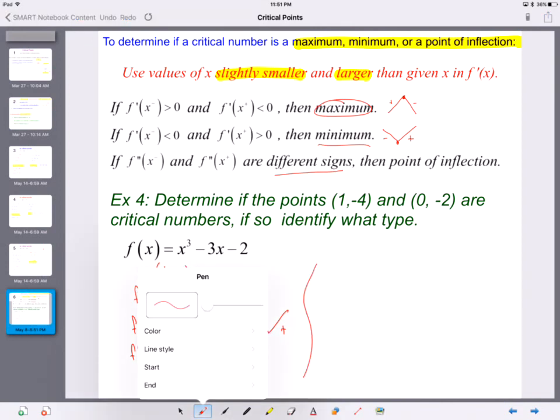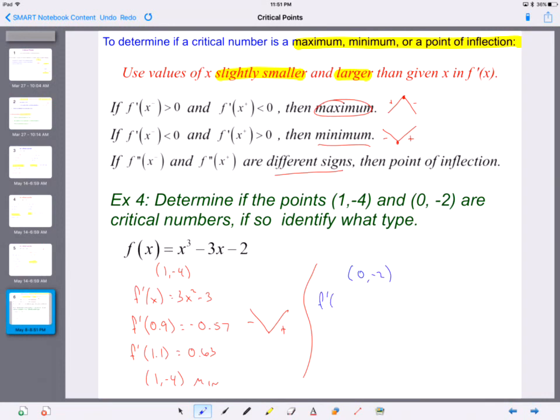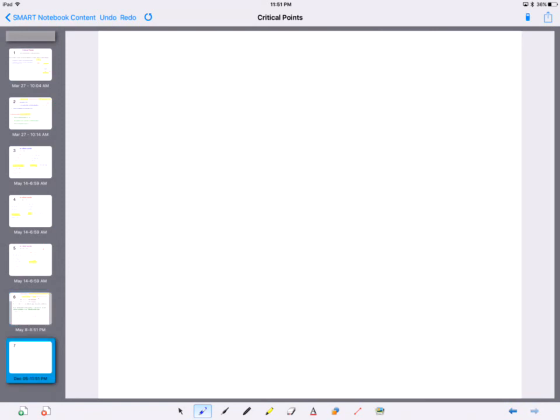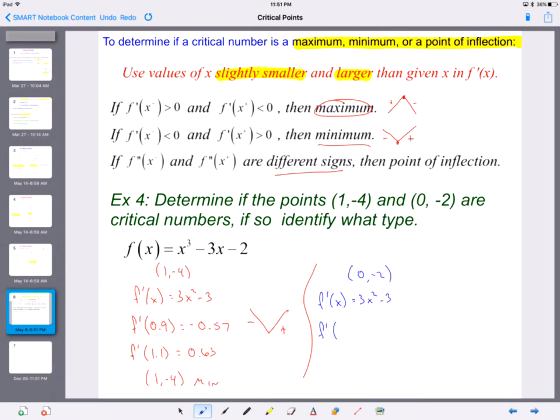Alright, so if you want to try the next one on your own, we have one more that we're going to look at, and that's going to be the point (0, -2). So once again, we've already identified the derivative. I'm going to write it down again, 3x squared minus 3. We're going to pick a point slightly to the left of the x value, which is 0. Sorry about that.